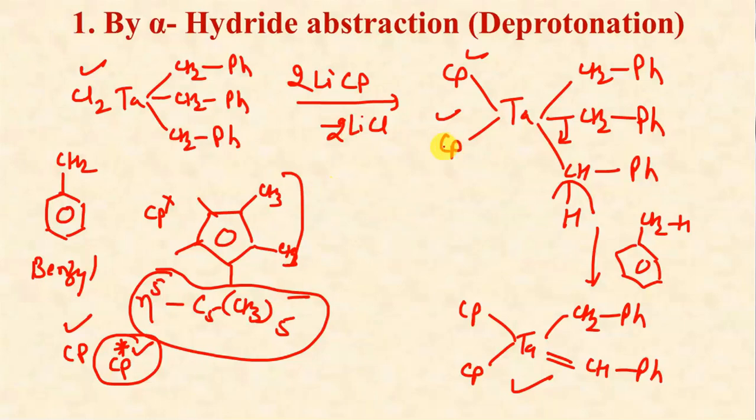In the last example only one Cl was replaced because we were using LiCp star, and this Cp star is bulkier than Cp. So two Cp star can't be present at cis positions to each other. That's why in this case we have used LiCp, which is less bulky and hence can substitute these two Cl. So this was the first method for the preparation of Schrock carbenes, in which we have prepared tantalum complexes using different types of reactants.